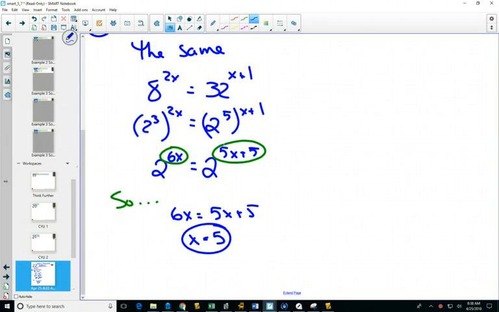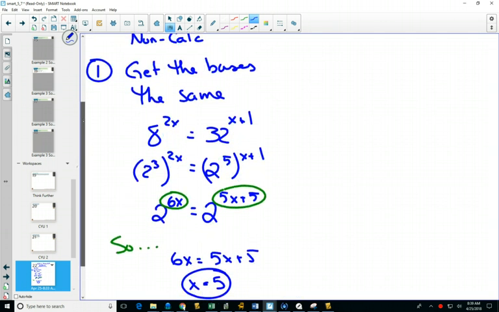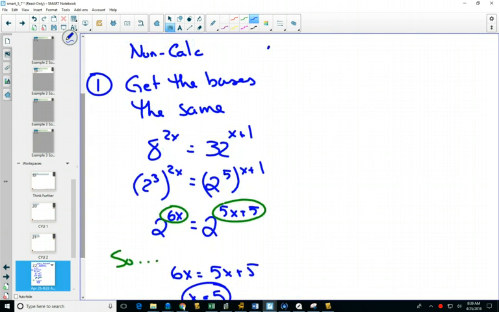That was our first method. And that method will often appear on a non-calculator part of a test or exam because you didn't need your calculator to solve it. But there are times that you can't get the bases the same. So those ones always appear on calculator sections of your exam.